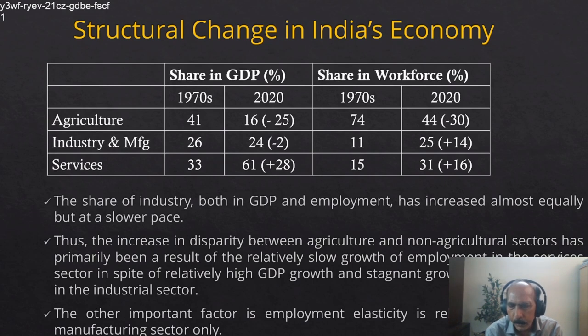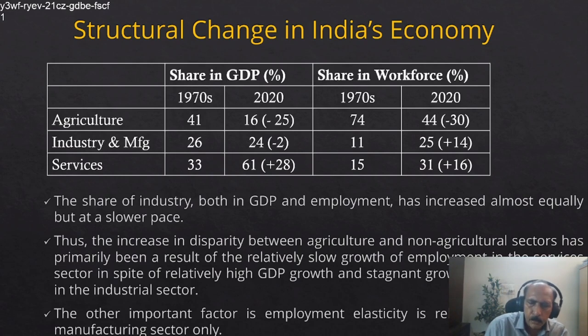But even in the services sector, the increase in the workforce has not been commensurate with the increase in its share in GDP, and this needs an explanation as far as India's economy is concerned.